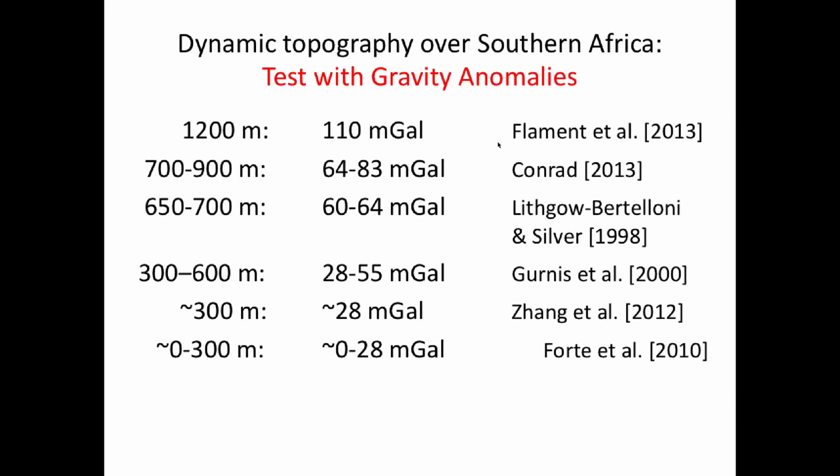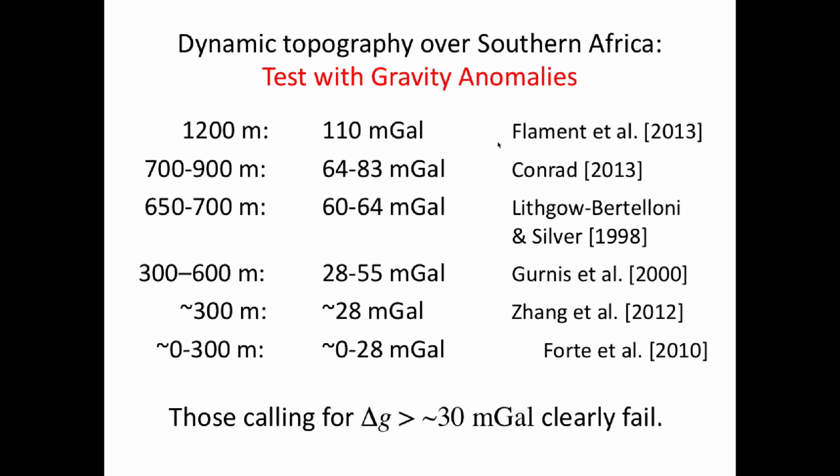Well, what do you predict for the cases where 1,000 meters was 92 milligals? Well, 1,200 meters will be 110 milligals, and I give you a bunch of numbers that get down into this range, simply depending on the height of the region. And those calling for gravity anomalies greater than 30 milligals clearly fail. The data from Africa really show that's the case.